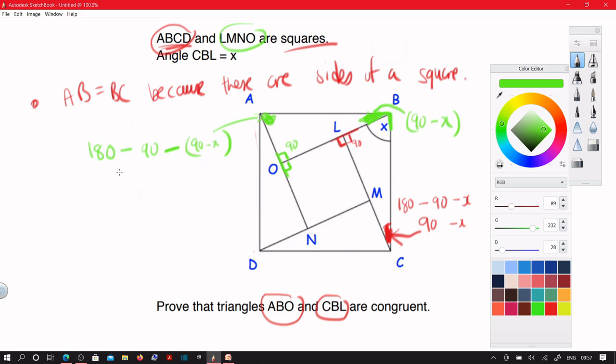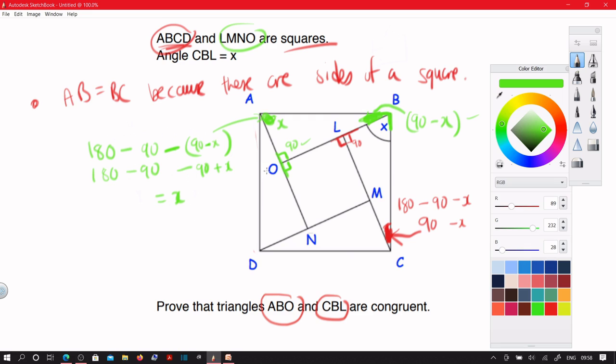So 180 take away the 90, take away this one. I need to simplify that. First of all, let's get rid of the brackets. That's 180 take away 90, minus 90, and minus and minus makes a positive. Two negatives make a positive, so that's positive x. Now simplify: 180 take away 90 is 90, 90 take away 90 is 0. That equates to x. So this is just angle x.